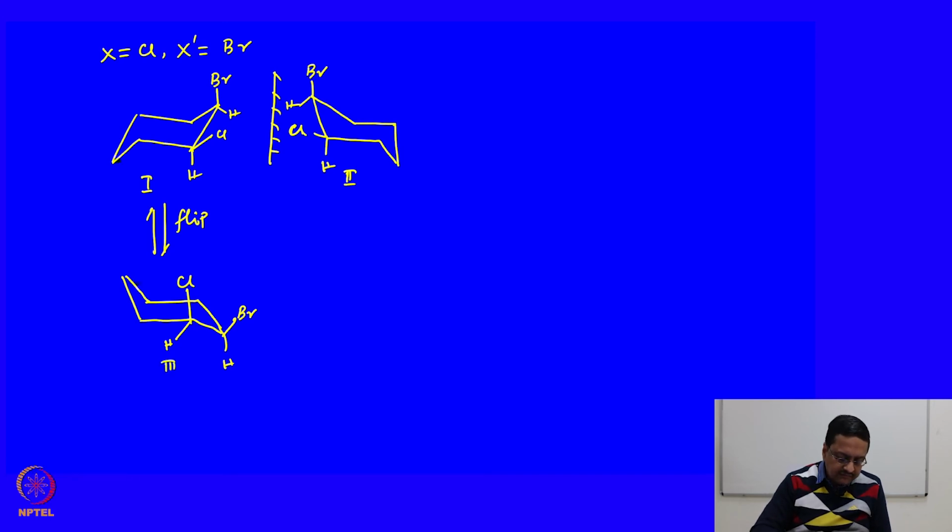Structure number 3. Now, if you rotate the structure 3 about this axis by 120 degrees, what we would get is this new structure.